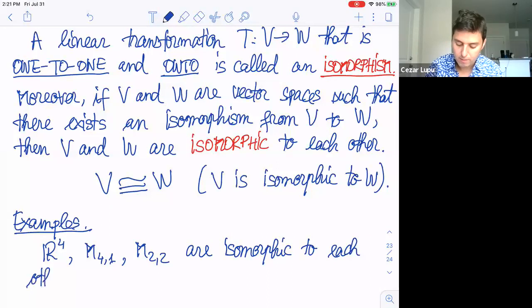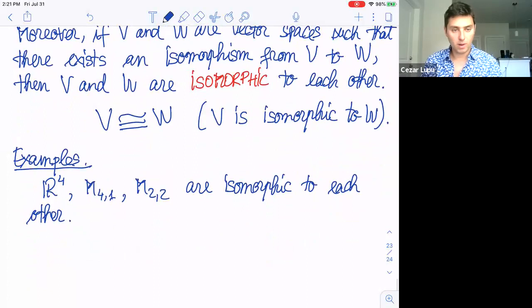In fact, we'll see maps which will send elements from R4 all the way to M22, for example. There will be a linear transformation that is one-to-one and onto, that will take elements from R4 and it will be sent into M22, for example. All right, we'll go there and we'll see some problems how to do this.